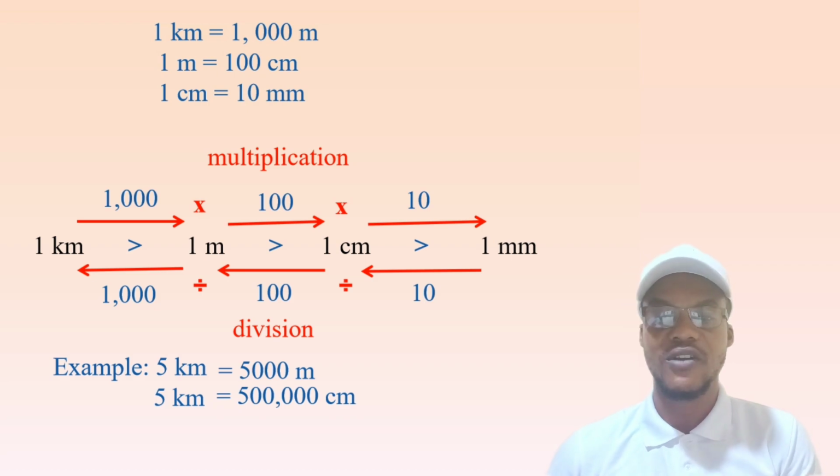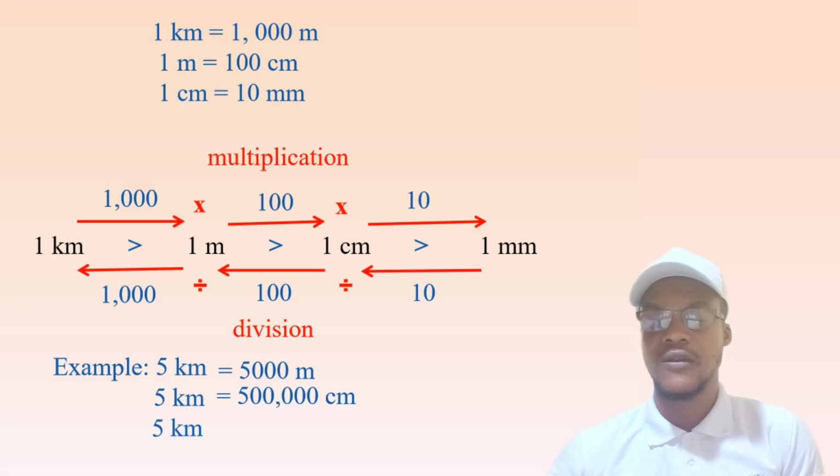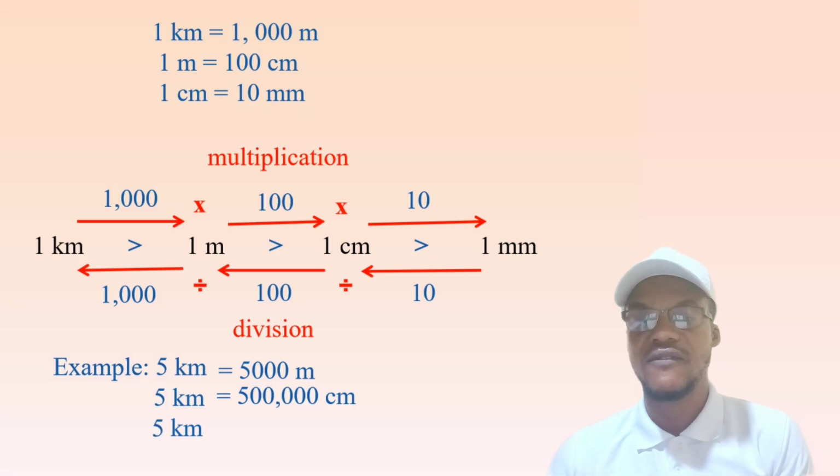So 5 kilometers gives 500,000 centimeters.